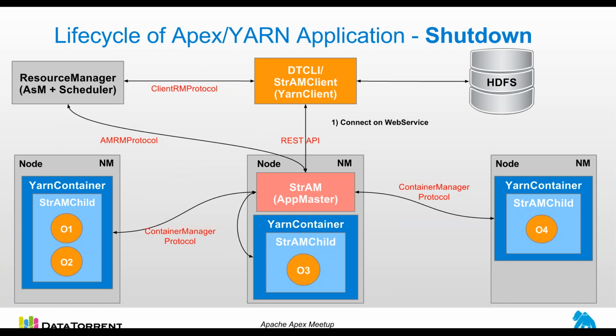First of all, it needs to know where the StrAM is deployed because it's a cluster. That information is received by DTCLI from the resource manager. Once DTCLI has connected to the StrAM, the next thing it does is send a REST command to the StrAM to shut down the application.